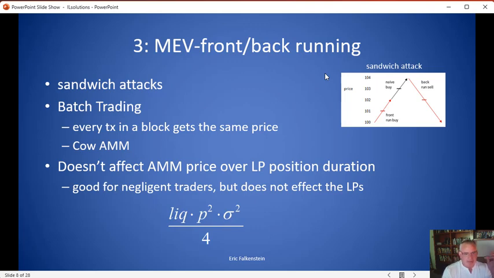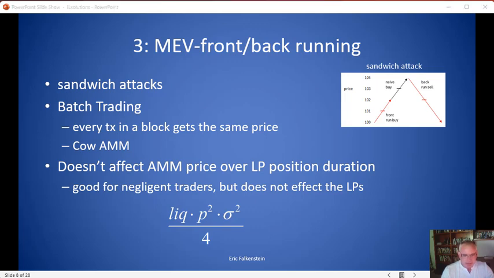There are MEV tricks, which get a lot of press because they're pretty devious, so it's interesting to look into them. There are different categories of MEV. One is the sandwich attack, where one leg would be front running and the other leg would be back running. This just hurts the retail trader.